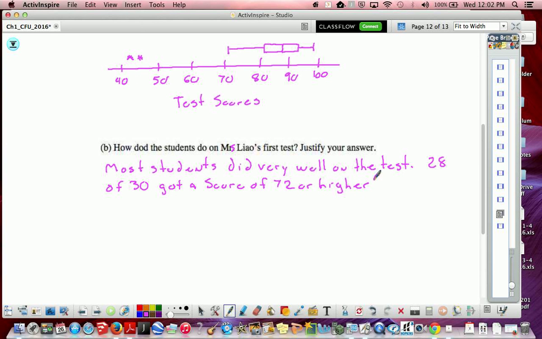So if we're talking our grade curve, a C- or better. While only 2 students failed the exam.